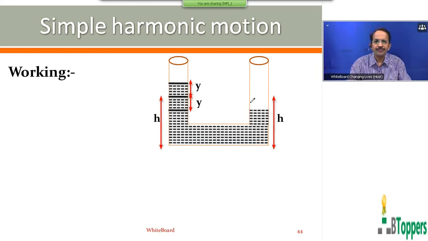As explained before, when the liquid in the limb on the right side is pressed down by distance y below the equilibrium position, then the liquid in the left limb rises by a vertical distance y above its original equilibrium position. So in the new situation, the difference in the vertical height of the liquid column in the two limbs becomes 2y.